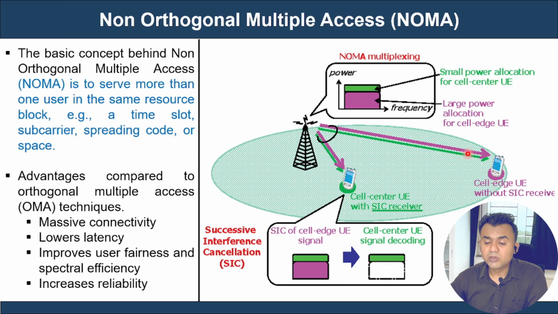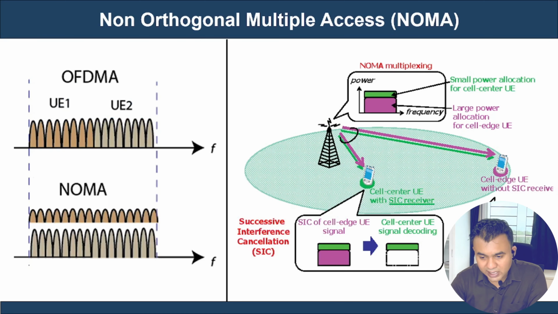Whereas the user located far away with the larger power receives a strong signal, and it will consider the other lower powers, which are for the nearby user, as noise and ignore them, so that it can just detect its own signal very easily. We'll look at that in more detail a little bit later, right?